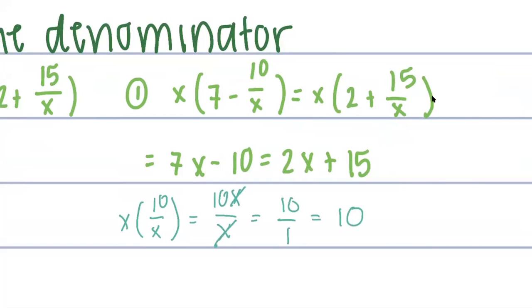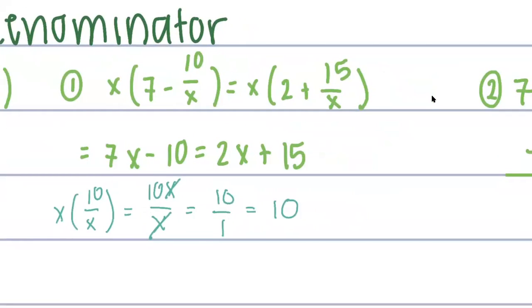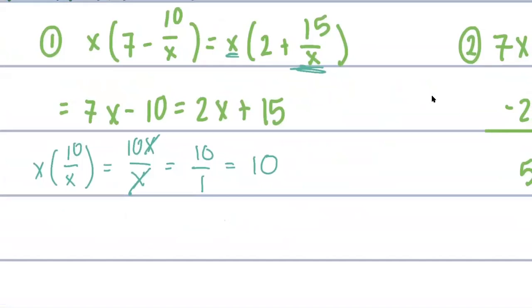Does that make sense? And you do the same thing to this side, right? So you have your 2 times x, which is right here. And then you have your x times 15 over x. So when you do that, you get 15x over x, right?